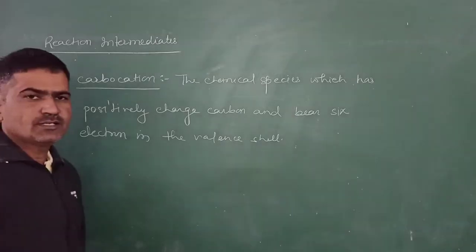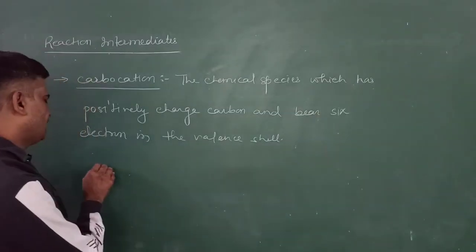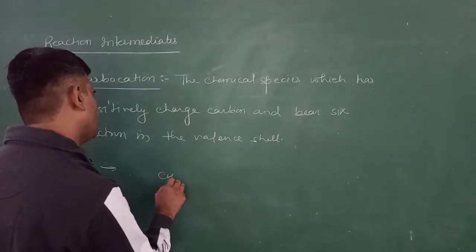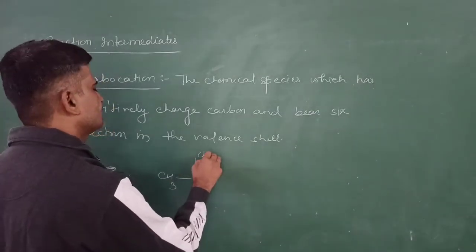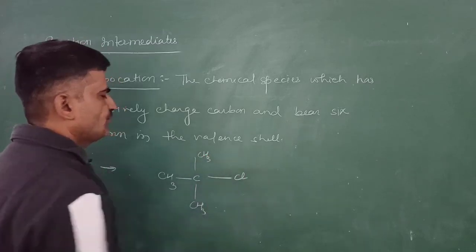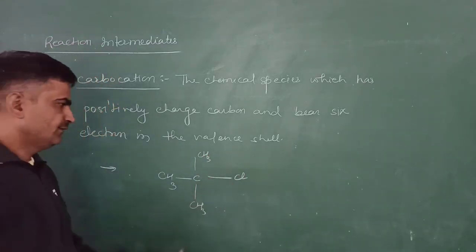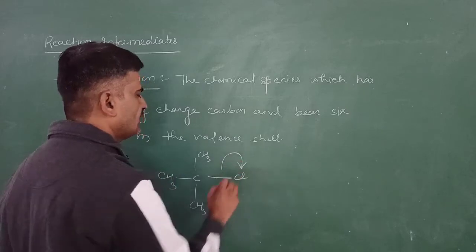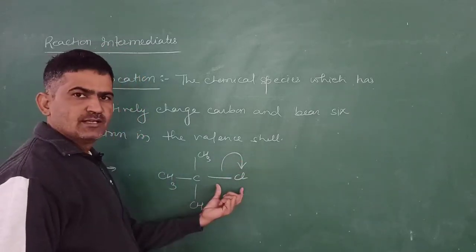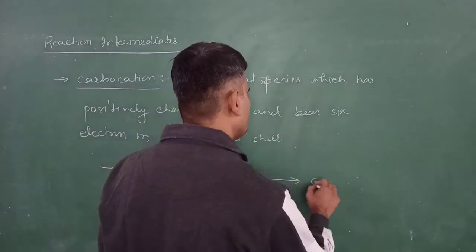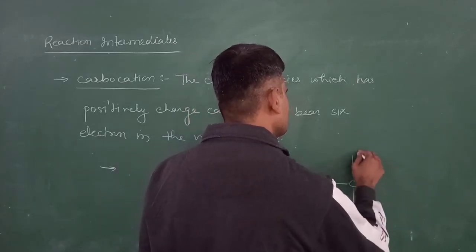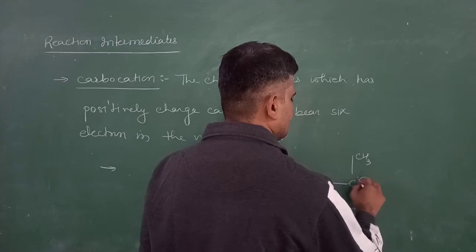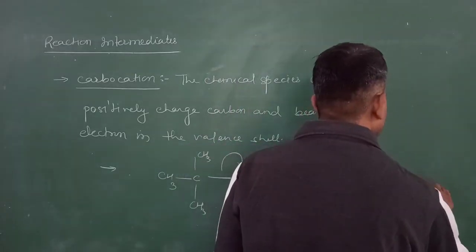A carbocation is formed by the heterolytic cleavage. Just take the example of tertiary butyl chloride. If heterolytic cleavage takes place, we get a positively charged chemical species and a negatively charged one.